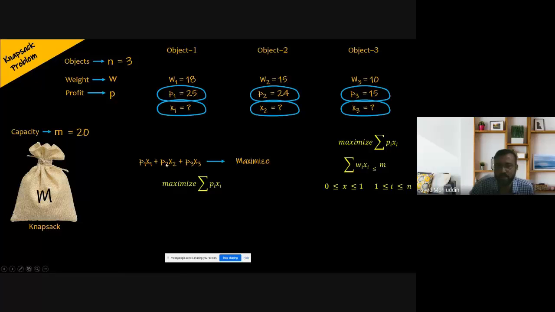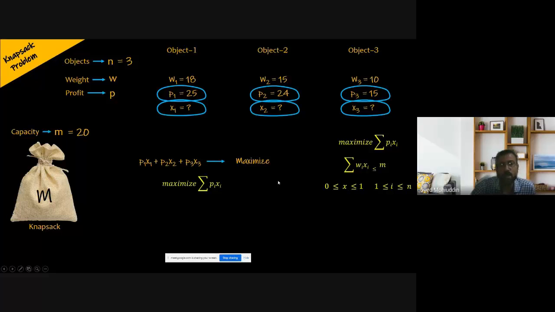X1, X2, X3 are fractions, P1, P2, P3 are the profits. That is what we will achieve by putting those fractions of the weights. Now, if we generalize this for n number of objects, then we have summation of Pi Xi, where i lies between 1 to n. Xi is between 0 to 1. That's what we have seen.